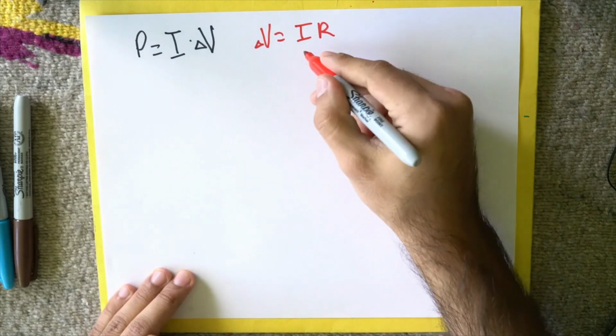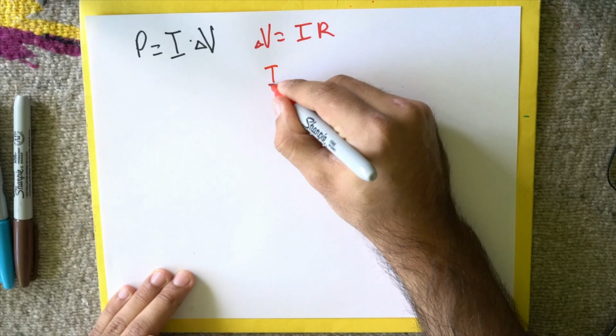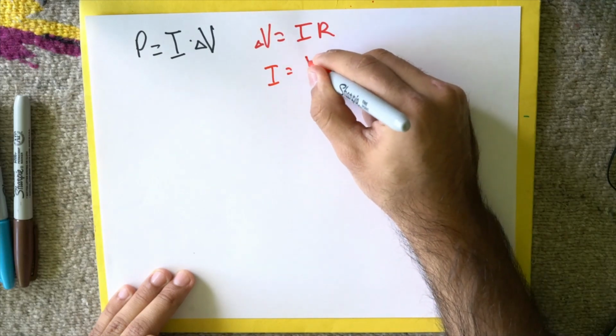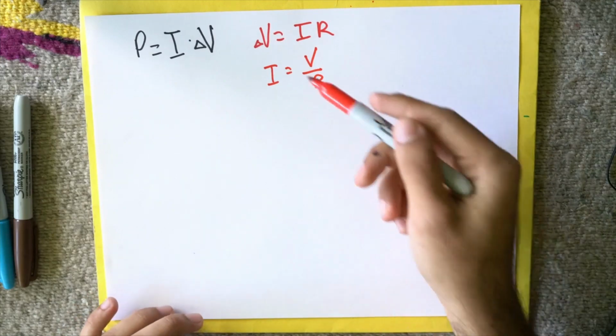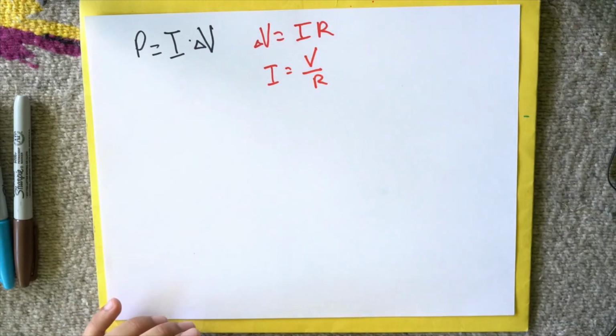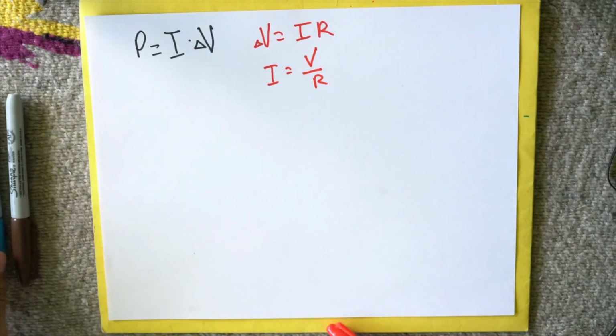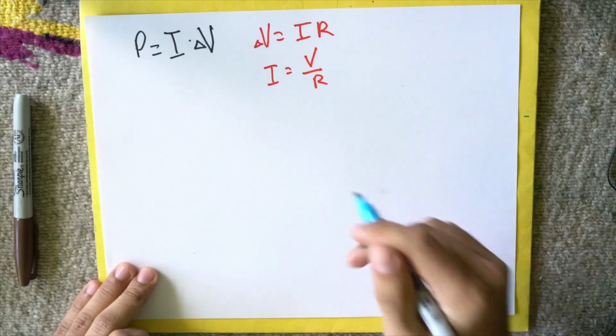If I divide R to both sides, I would equal V over R. So using this equation and that equation, I can find new equations.